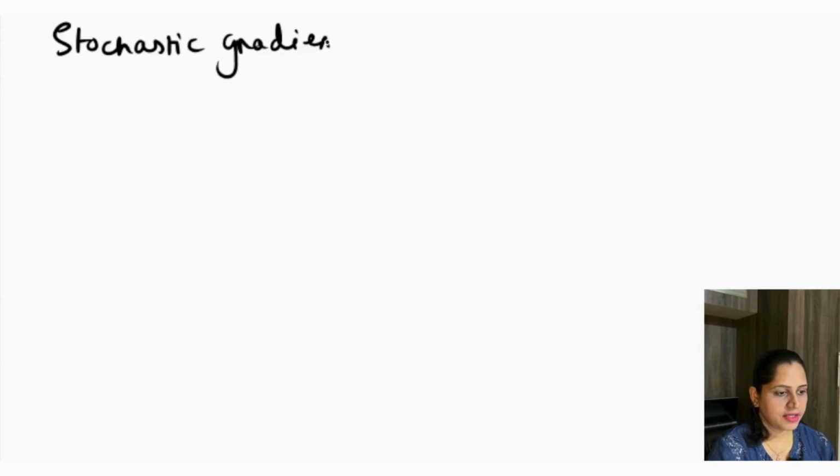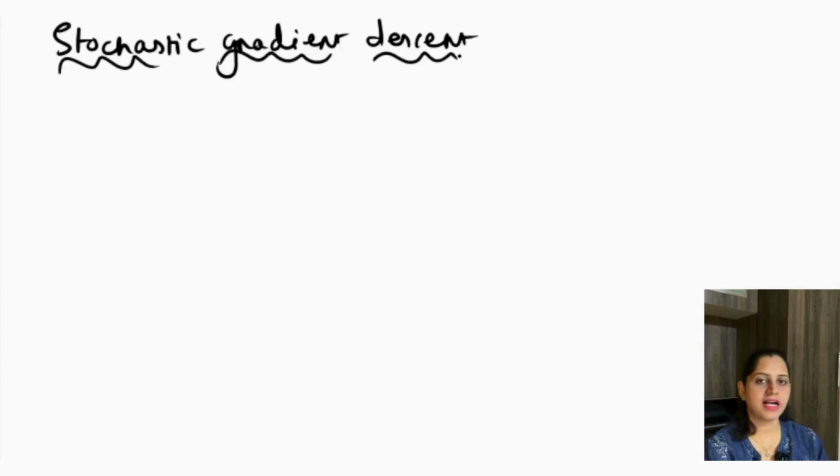Next we will understand a very important concept, which is stochastic gradient descent. So if somebody asks what is the difference between stochastic gradient descent and gradient descent, when I'm talking about gradient descent, we are basically talking about batch gradient descent. But what is stochastic gradient descent? Again, it is an iterative optimization algorithm.